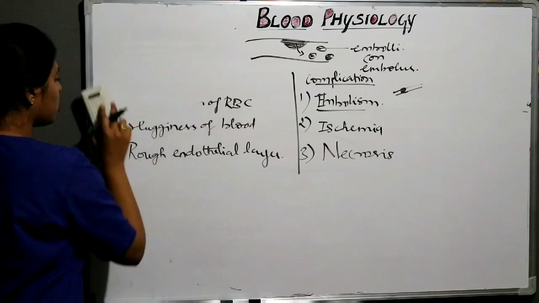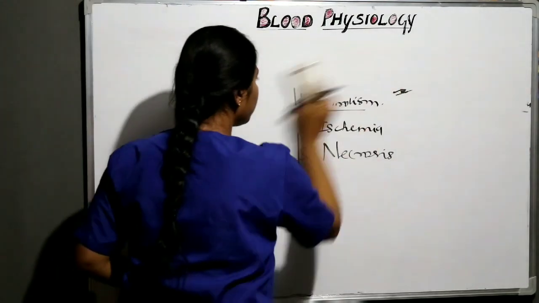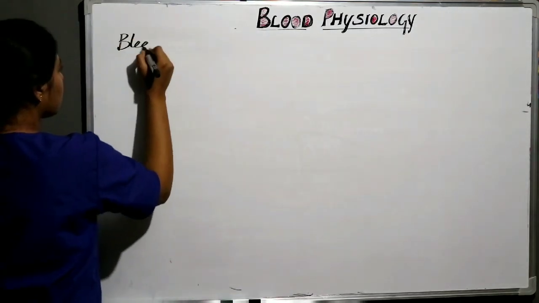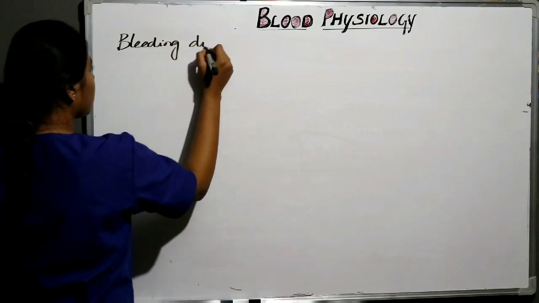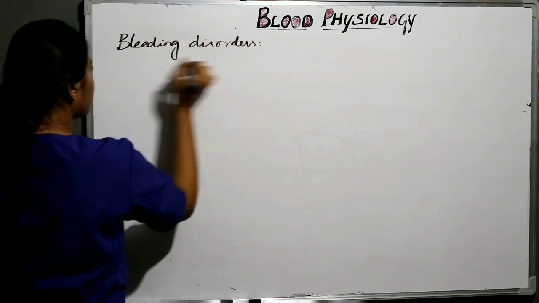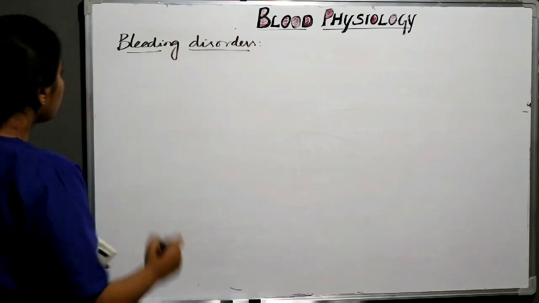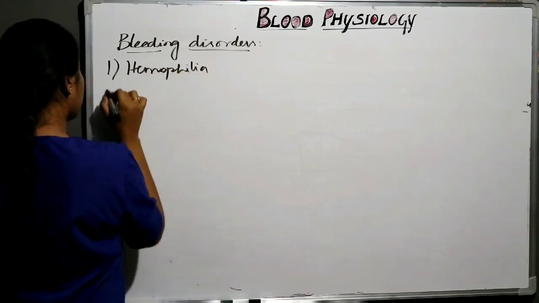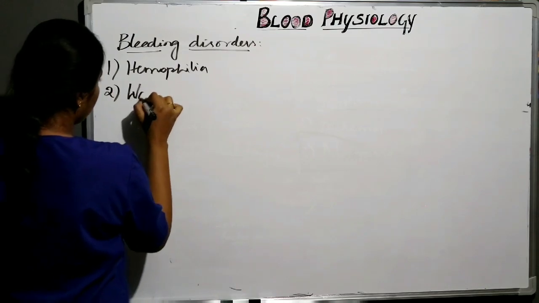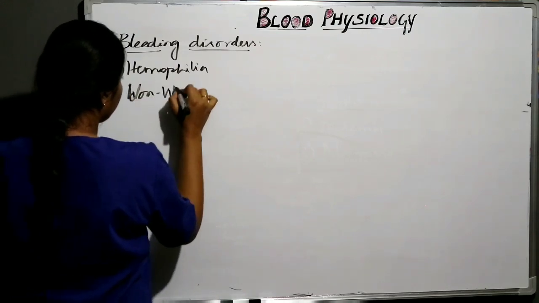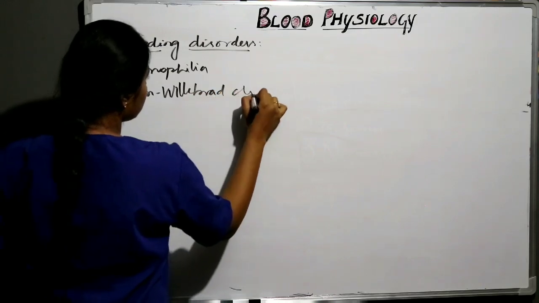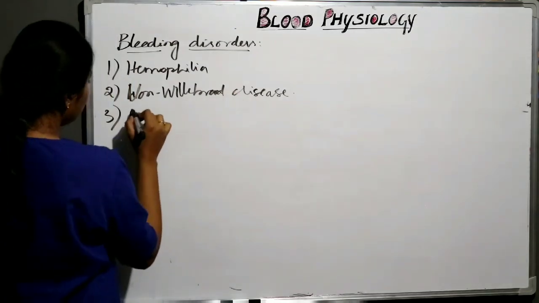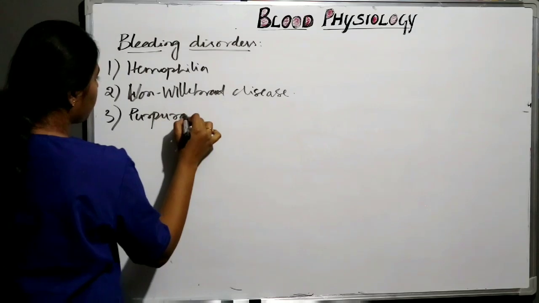So our next and last topic is bleeding disorders. In bleeding disorders, we will be discussing about hemophilia, von Willebrand disease, and third one, purpura.